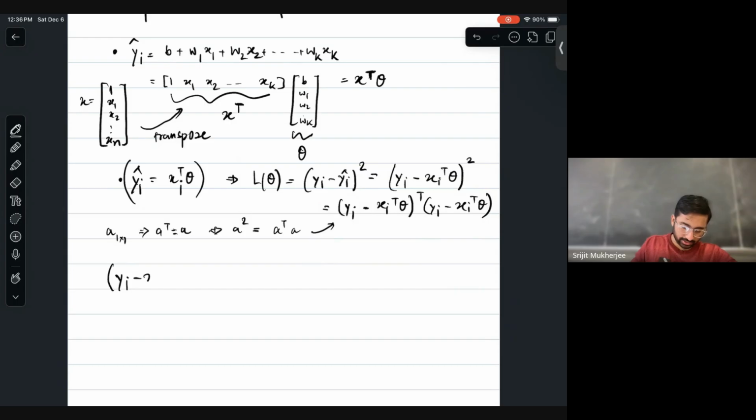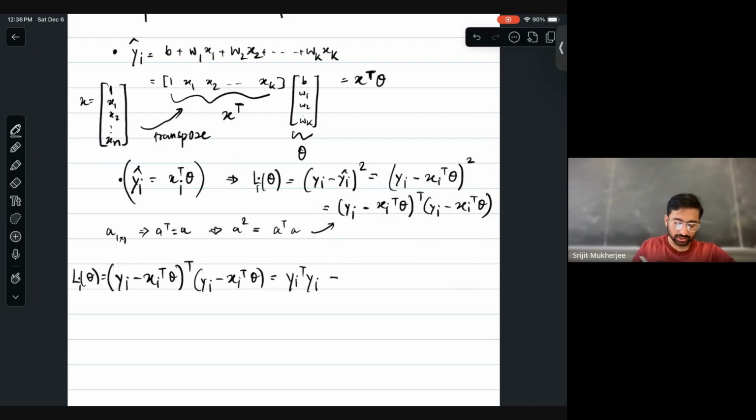So yi minus xi transpose theta, this is L theta, the ith loss, is yi transpose yi.